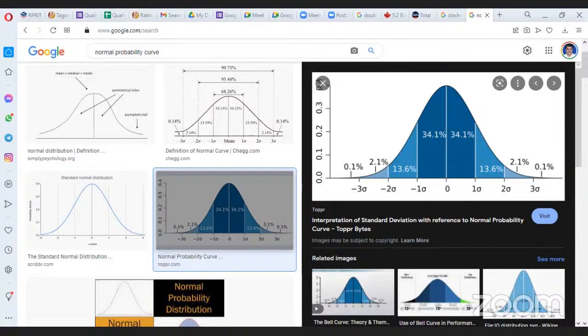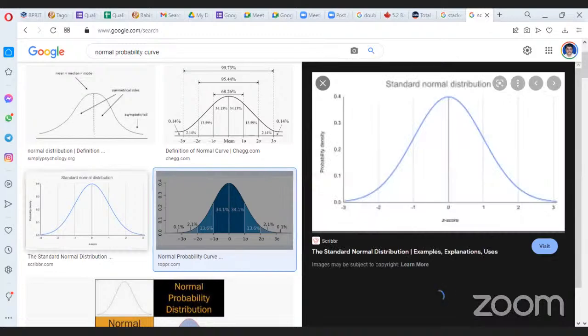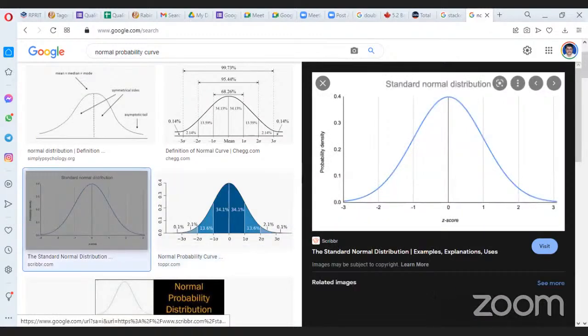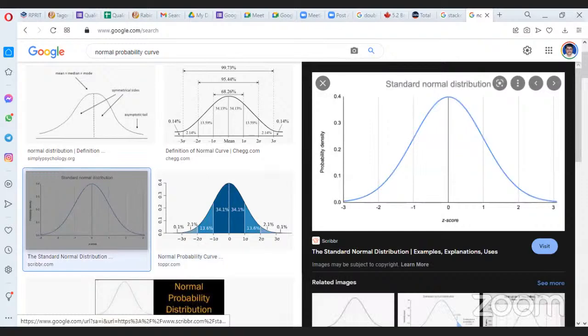Now you follow this curve. You will find the bilateral symmetry. So you can find the z-score 0. Z-score means standard score.